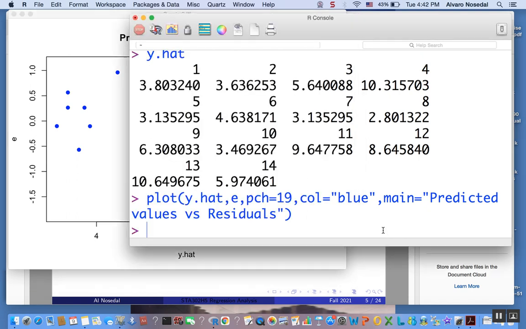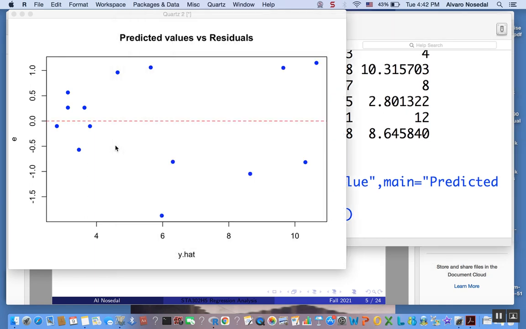Just like last time, how about we add a horizontal line at 0 there. Okay, so just another way of assessing that fourth assumption, the equal variance assumption.